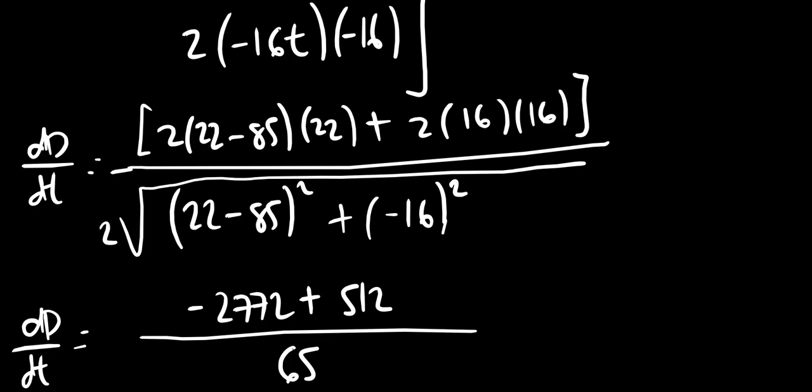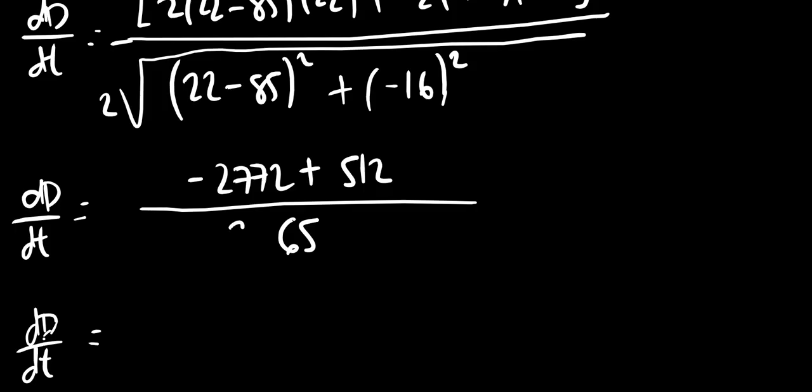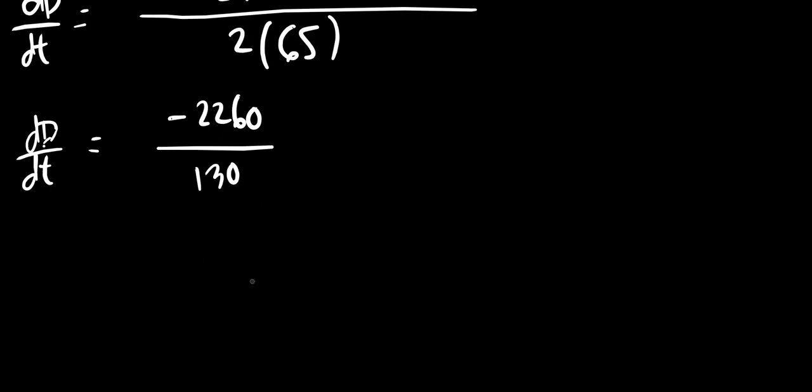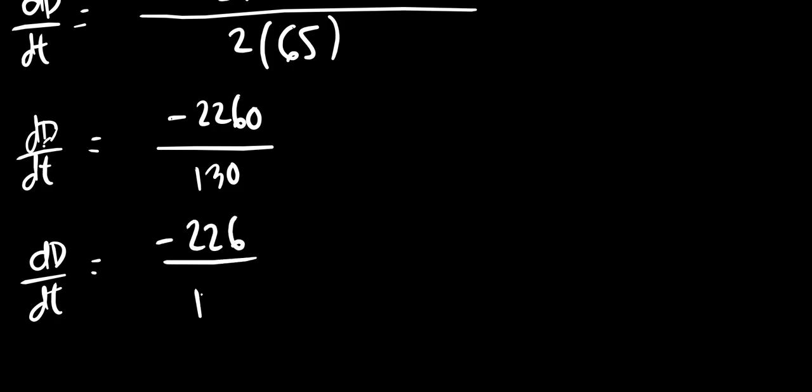So it is 2 times 65, which is 130. Negative 2260 all over 130, and by simplifying, we have d over dt equal to negative 226 over 13 kilometers per hour.